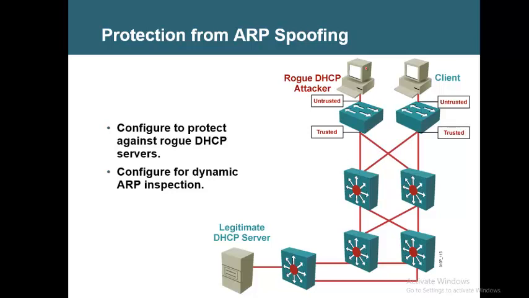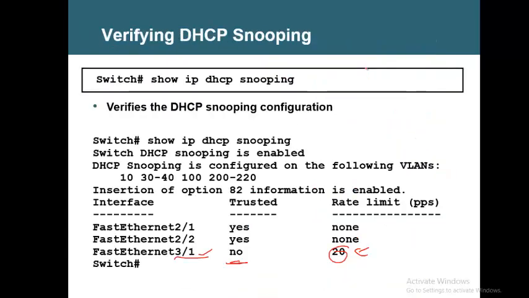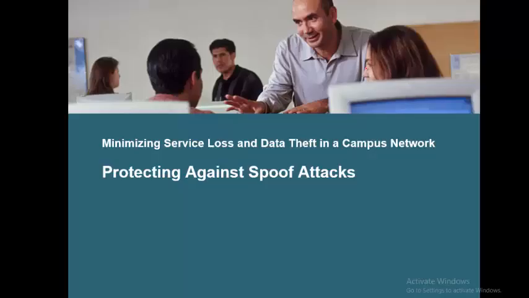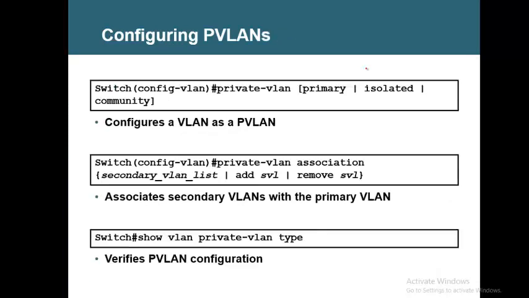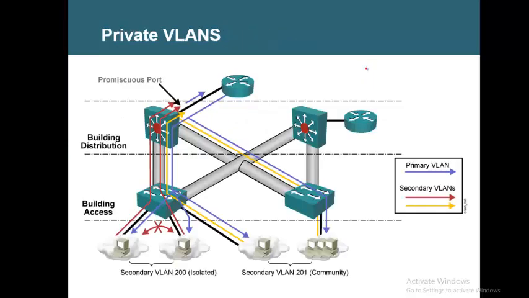Right, so let us go to the command line and see the configuration part of the private VLAN, which we saw in the first session today. And then we'll get into the new syllabus. So this is the plan.